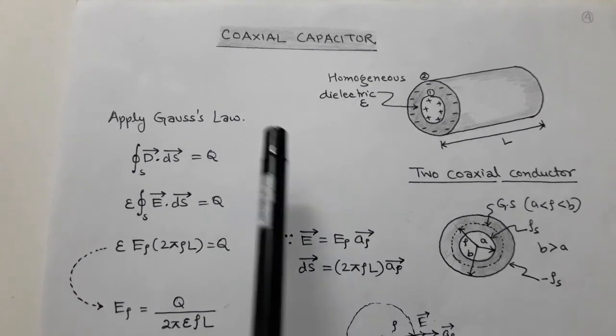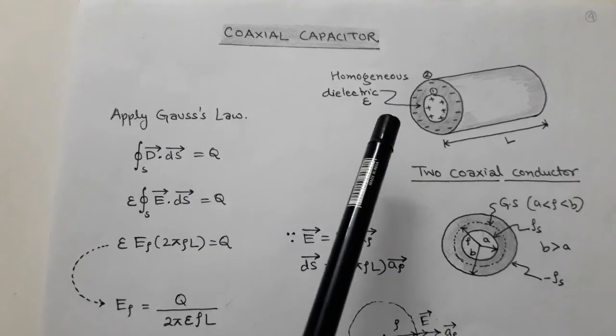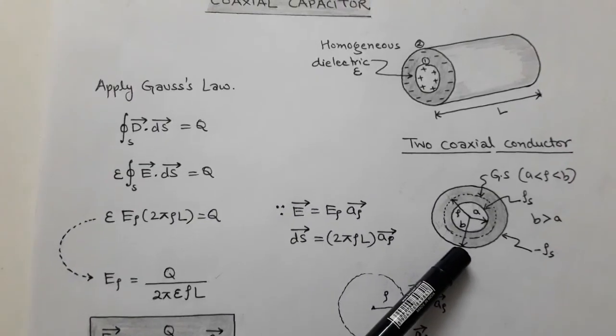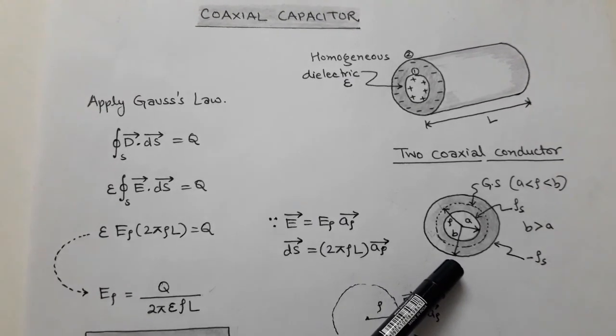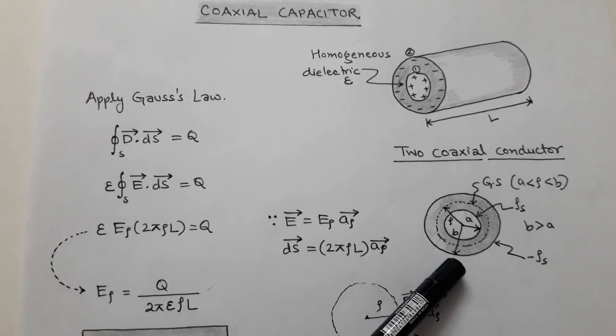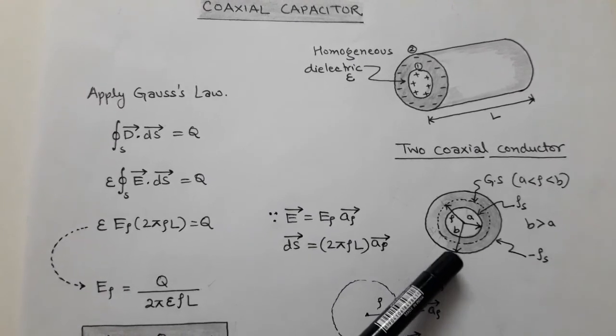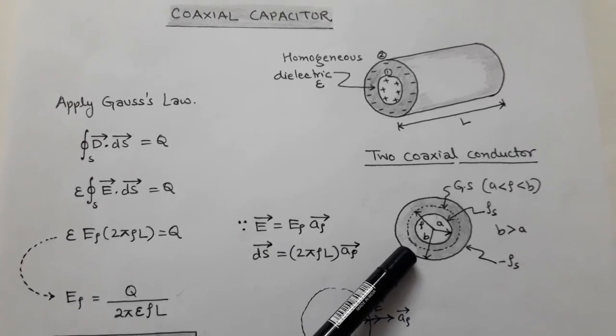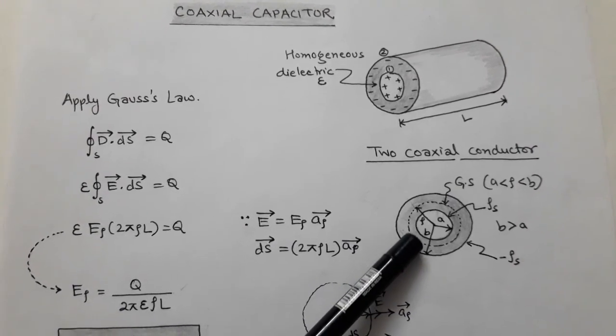Here we consider the inner conductor having a radius a while the outer conductor has radius b. Now, for applying Gauss's law, we consider a Gaussian surface having radius rho.